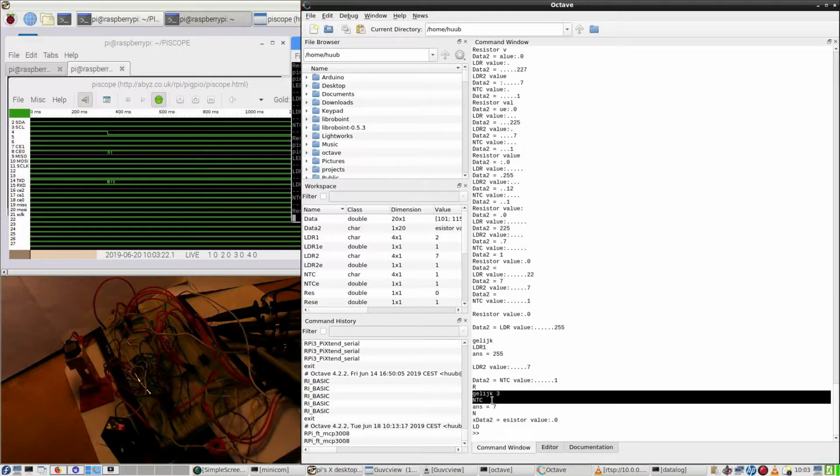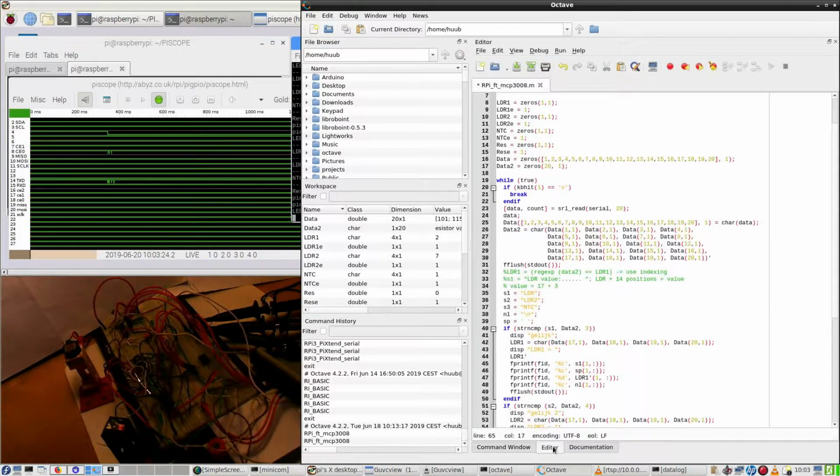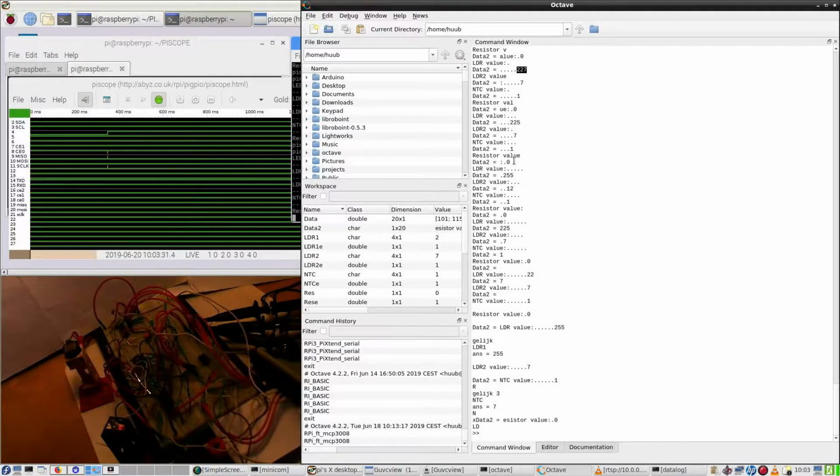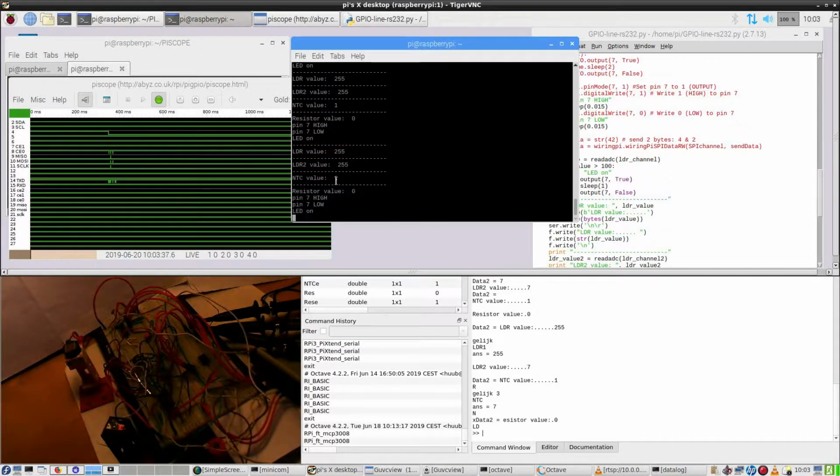Then going here, the values of LDR and NTC are clearly 3 figures. You can also see that right here. Well, NTC is maybe 1, but these are all 3 figures.